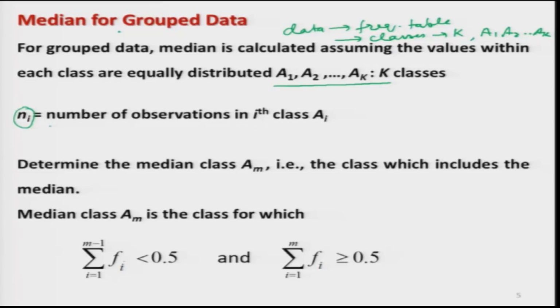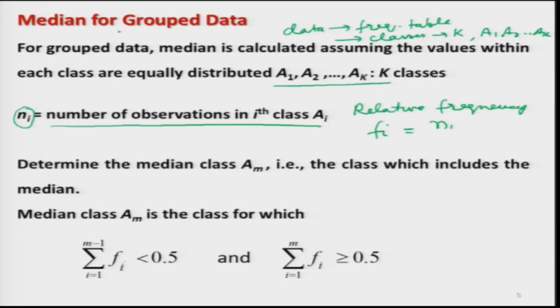So there are Ni observations in the ith class Ai. From this absolute frequency, I can compute the relative frequency, and we are denoting the relative frequency Fi, that is Ni upon the total frequency.